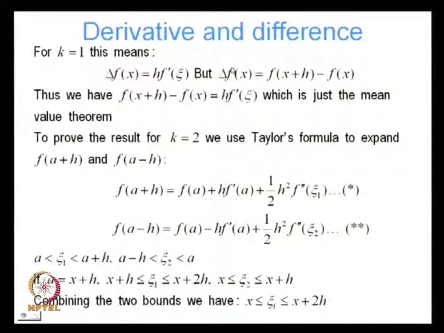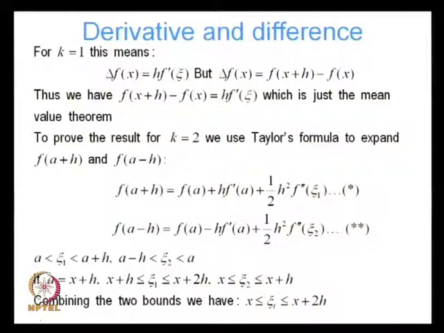But recall that delta f x is equal to f of x plus h minus f of x. Therefore, we have f of x plus h minus f of x is equal to h times f prime of xi, and I know that xi must belong to the interval x to x plus h, which is nothing but my mean value theorem.